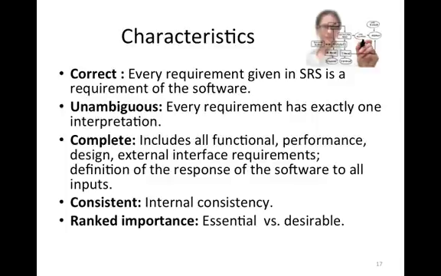It makes it less ambiguous when we put that kind of detail in. So we can be unambiguous when we add enough detail to make it clear. Certainly we want it to be complete.